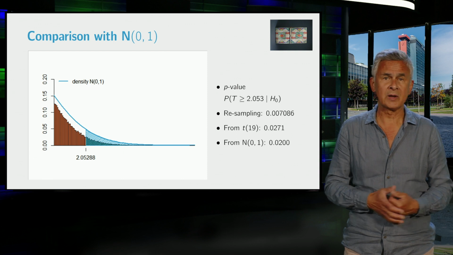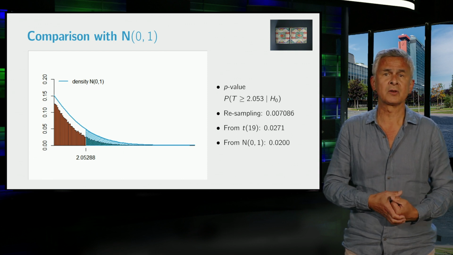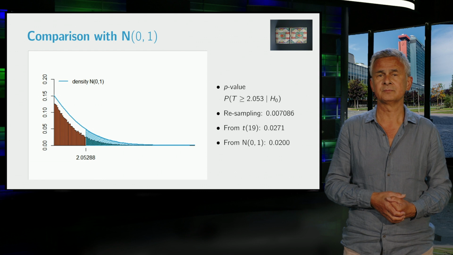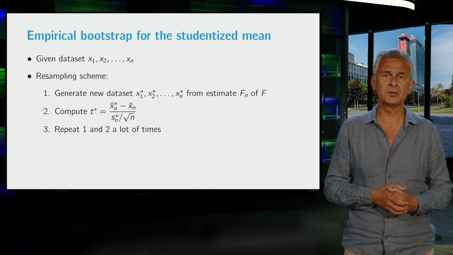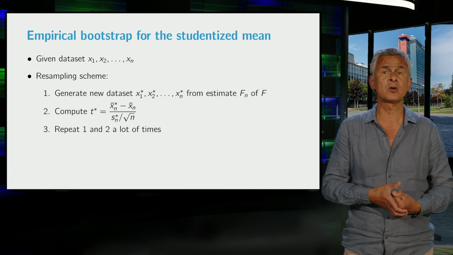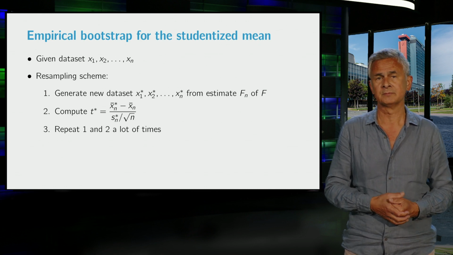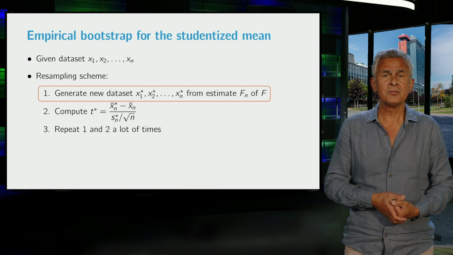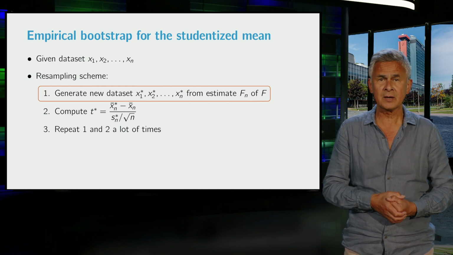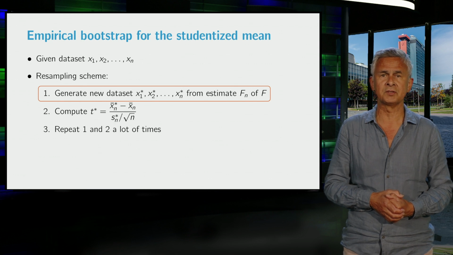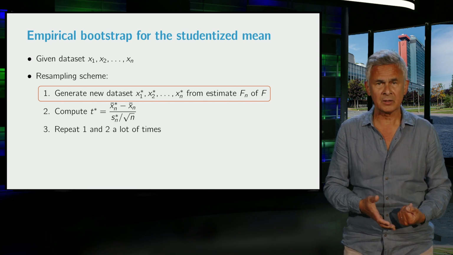And the sample size of 20 is simply too small for a large sample approximation. Now the resampling scheme to approximate the distribution of the studentized mean is also called the bootstrap. Now because we generated the new datasets from the empirical distribution function corresponding to the dataset, it is called the empirical bootstrap.